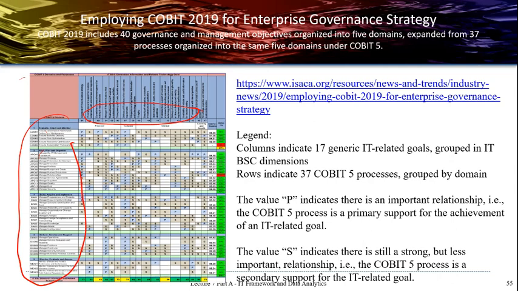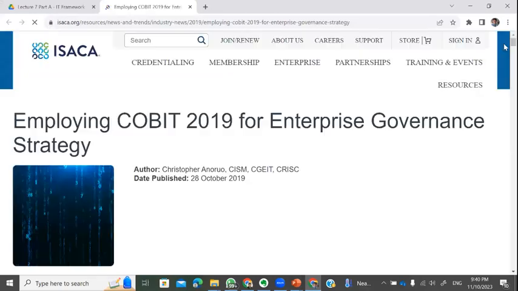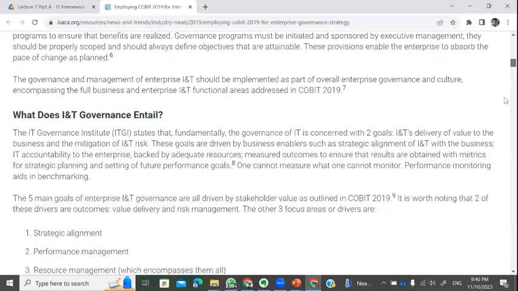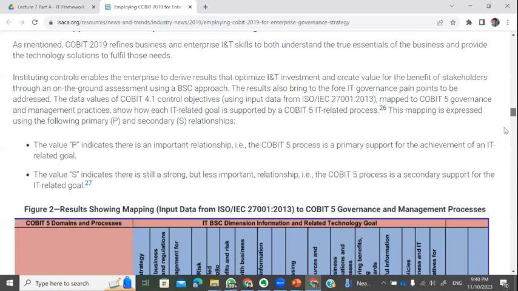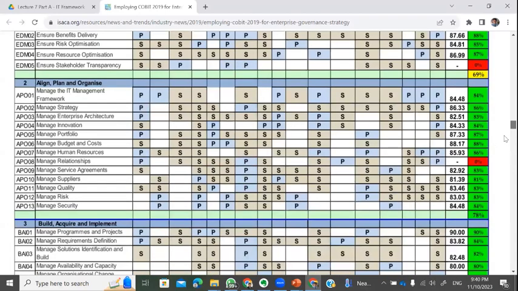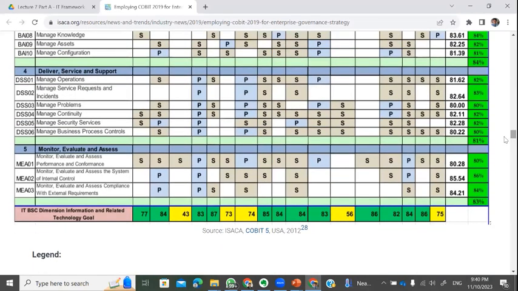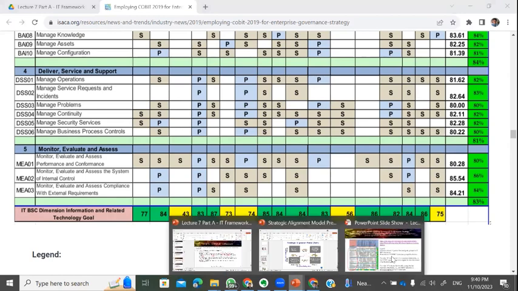S indicates there's still a strong but less important relationship. You can go to this site and see this in a bigger view with full details on COBIT 2019. A lot of things you can access. The picture is very clear on the website, so it will be clearly visible on the site when you click the link.